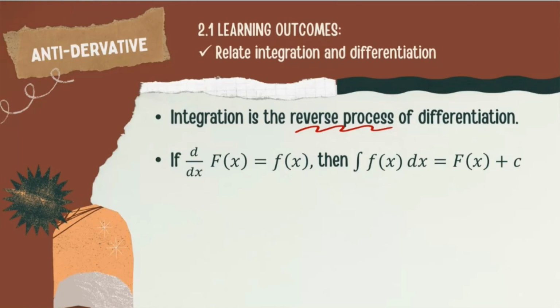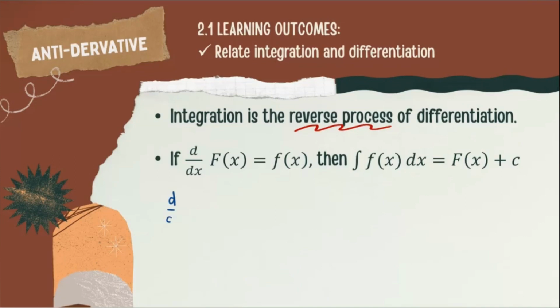So dekat sini, what is an integration? Integration is actually the reverse process of differentiation. Differentiation kalau kamu masih ingat, contohlah, if we differentiate, for example, 6x squared plus 3.